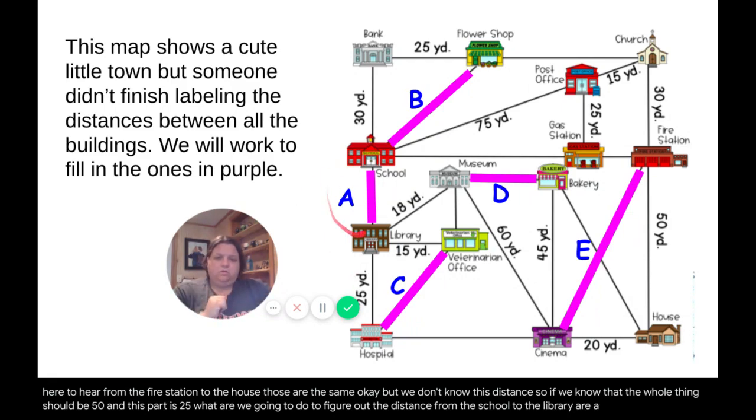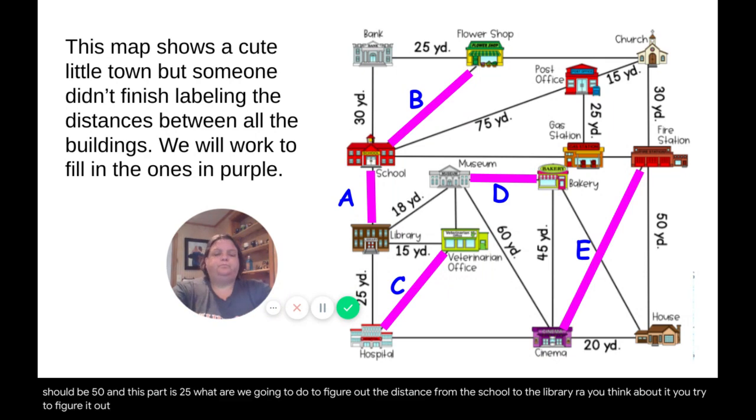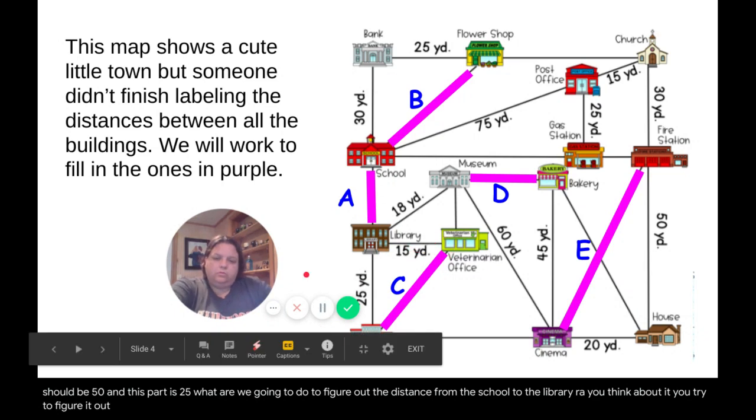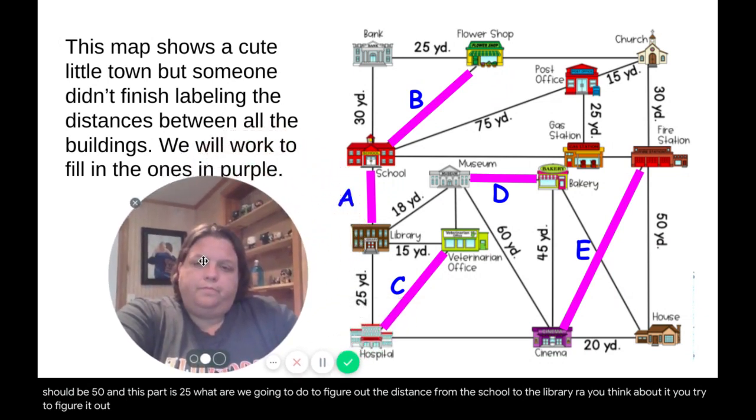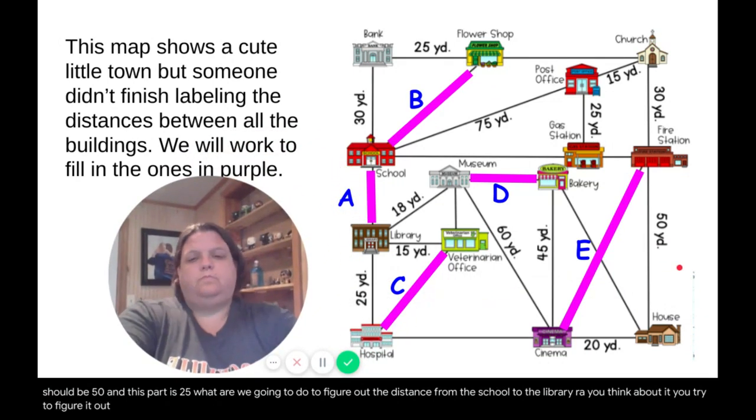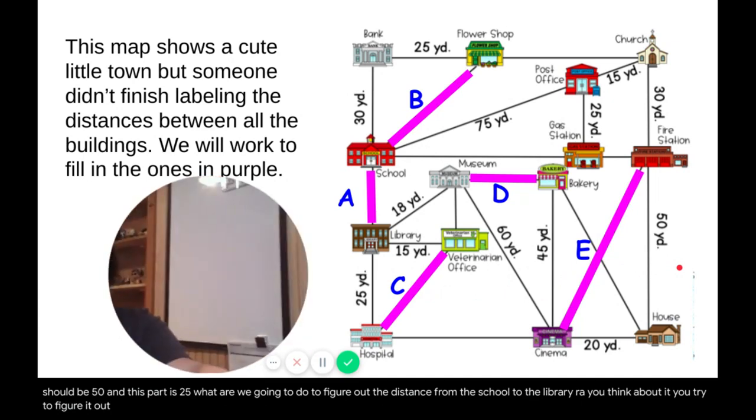Part A. All right. You think about it. You try to figure it out. I'm going to show it real quick over here.